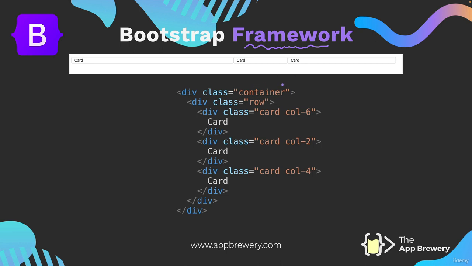And essentially what they've done is they've defined a whole bunch of classes in their CSS. So they've written extensive amounts of CSS, and they've put different rules for different selectors. For example, you could have something called card, you could have something called row, and you could have something called container. And these all will point to some CSS code inside the Bootstrap container, which has predefined layout.